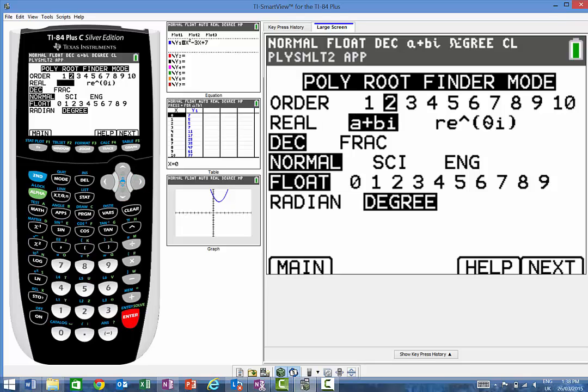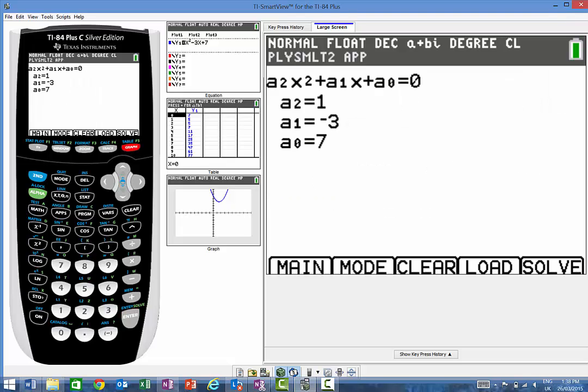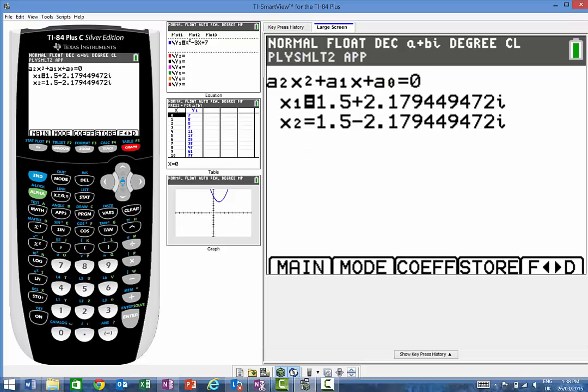If you do Specialist Maths, you'll see these things occur. Again, if I press solve now, it'll give me two answers: 1.5 plus 2.179i and 1.5 take 2.179i.